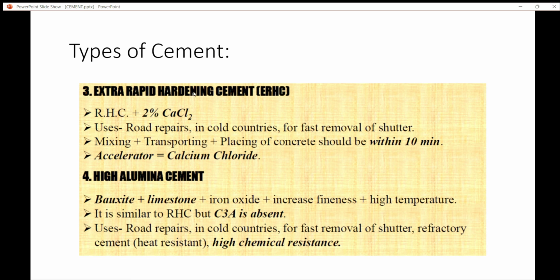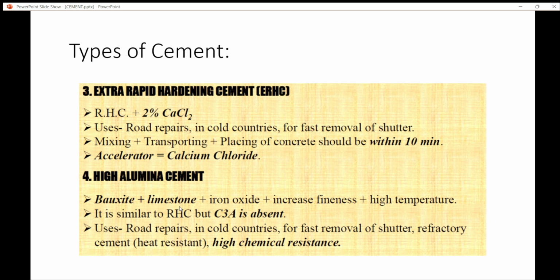Extra rapid hardening cement is used for road repairs in cold countries for fast removal of shutter. Mixing plus transporting plus placing of concrete should be within 10 minutes. High alumina cement: bauxite plus limestone plus iron oxide plus increased fineness plus high temperature.